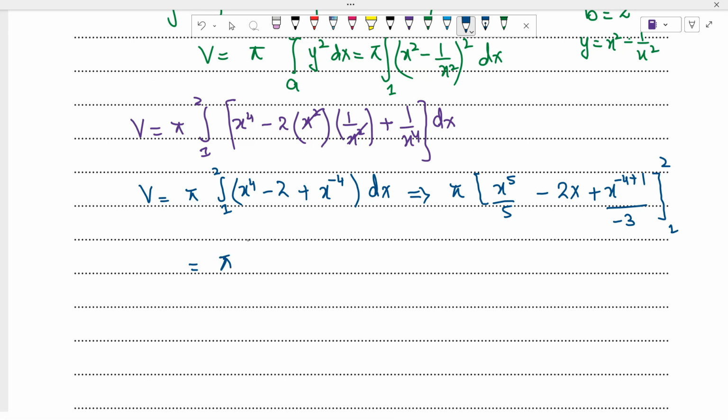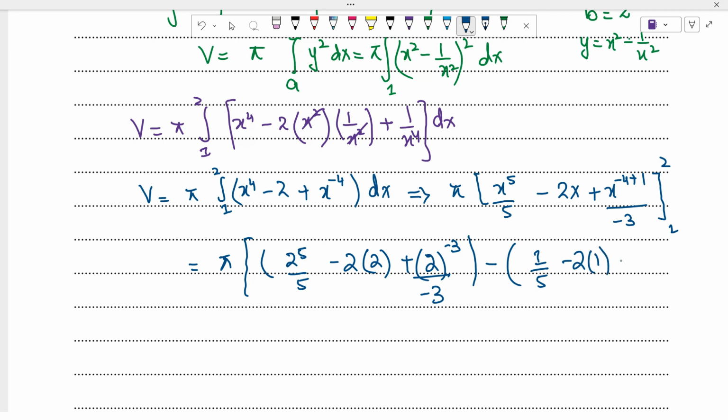So pi, the upper limit is 2, so 2 to the power of 5 over 5 minus 2 times 2 plus 2 to the power of negative 3 over negative 3. Now apply the lower limit, minus: the lower limit is 1, so 1 over 5 minus 2 times 1 plus 1 over negative 3.